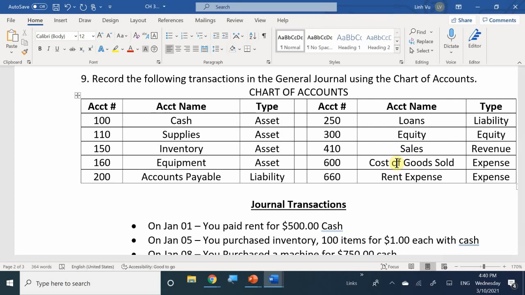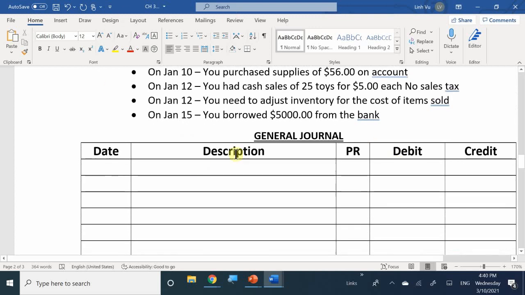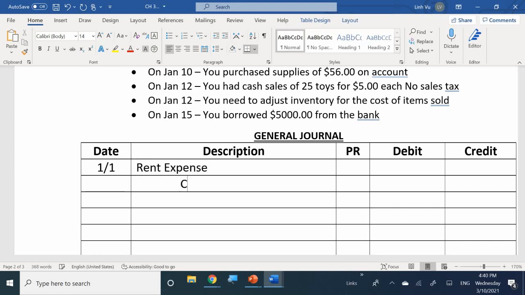Now that we've determined our debit and credit system, let's do step number 7. January 1st, we determined that we have a rent expense, and that we used cash. We're going to indent for my credit. My post reference is going to be the account number. Rent expense was account number 660.